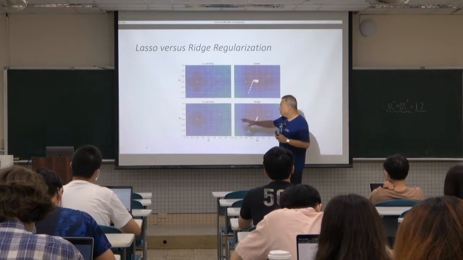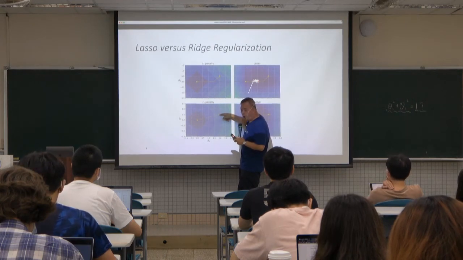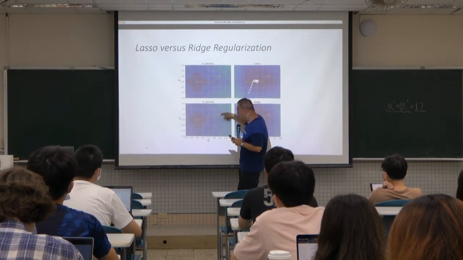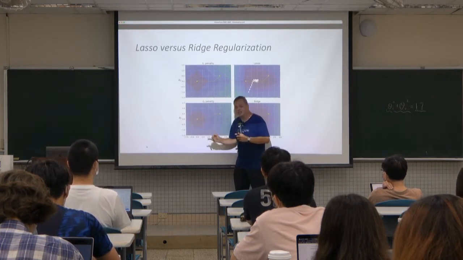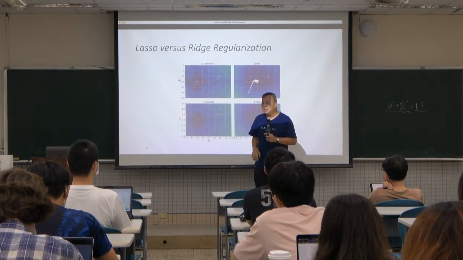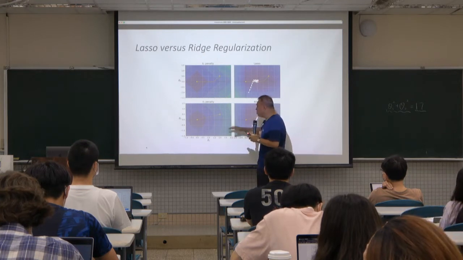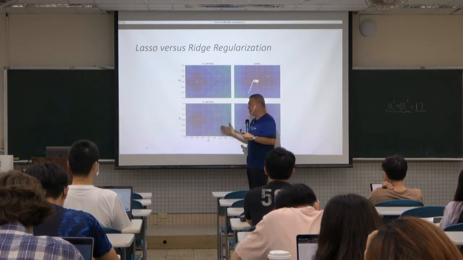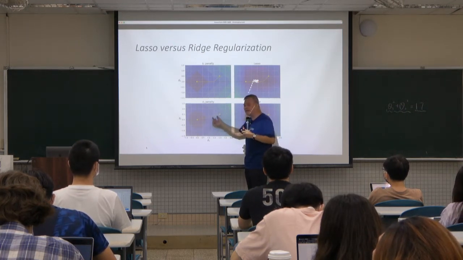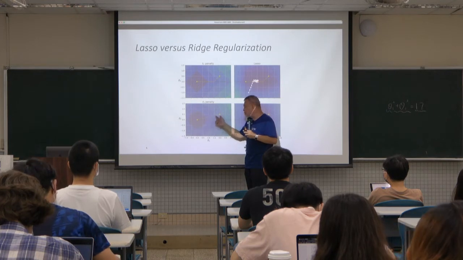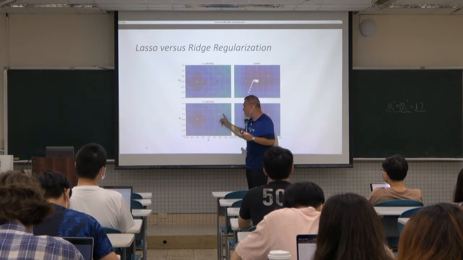But on the other hand, if you use L2, it will reduce all the coefficients to smaller terms, but it will not eliminate any of them. So if you want to use L2 to reduce the size of the model, it's not likely, because you pretty much cannot get rid of any parameters by using L2.